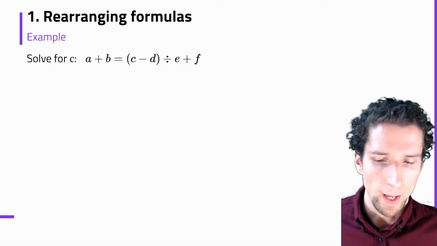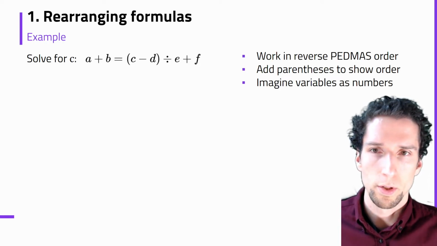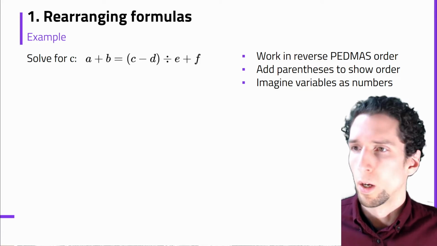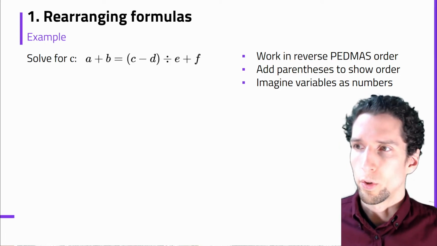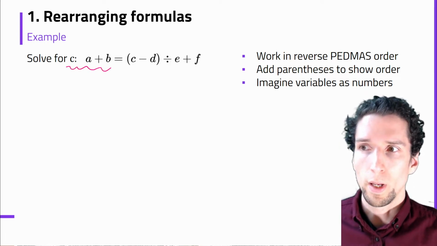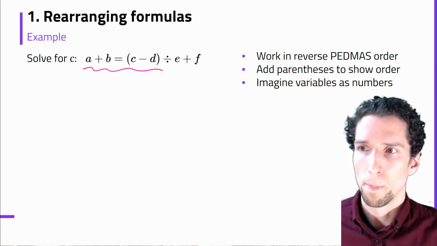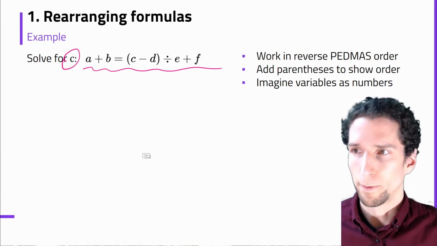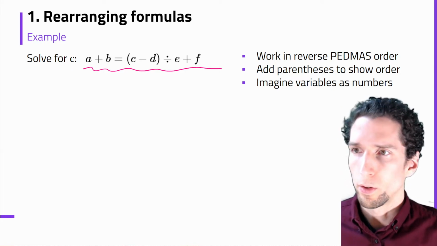So let's do that here, and I've written out the steps, just the 3 different suggestions that we could use. This is the question that I showed you at the beginning of the previous video. We have this long thing here, and we are being asked to solve for C. Okay, so I'm going to do the brackets method.